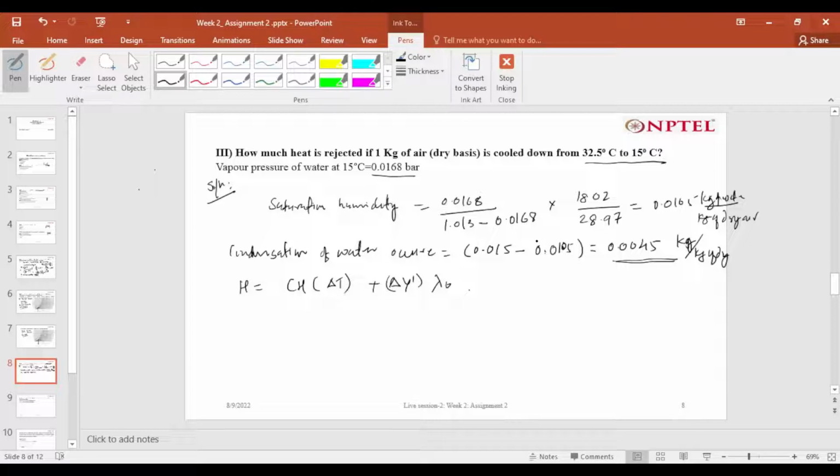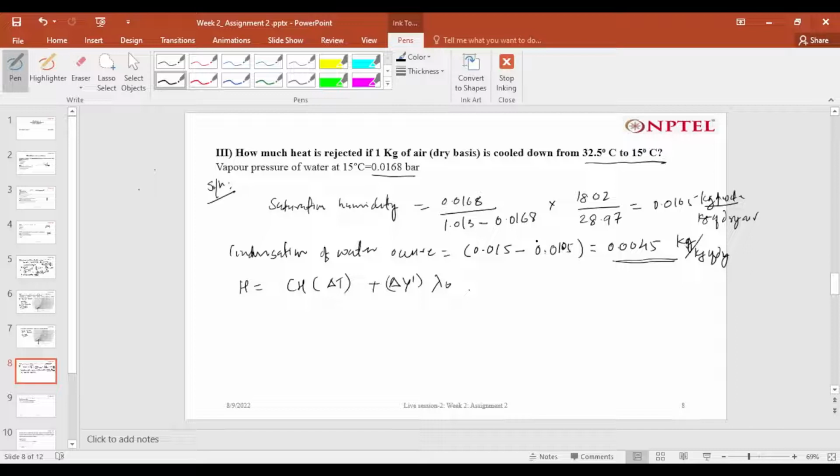Suppose I remove this one, the unit would be kg of water per kg of dry air only, not mole of water per mole of dry gas.